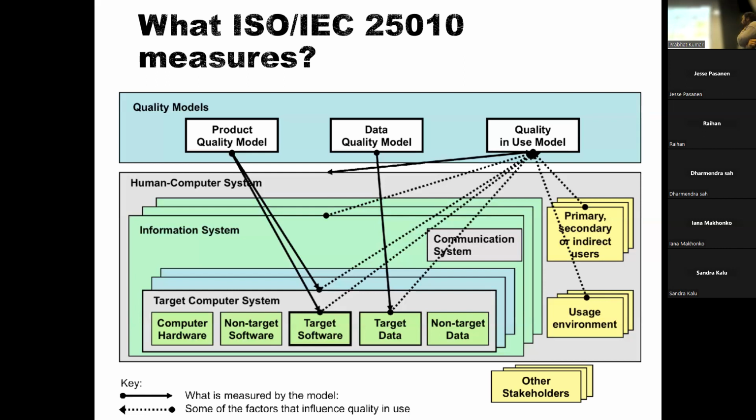Yeah, we have other stakeholders also, but we are talking about the usage. Usage means who are going to use the product. Stakeholders can include different people, for example, the developers, testers, the policy holders, those guidelines, those things can come under other stakeholders. But how about secondary and indirect users?